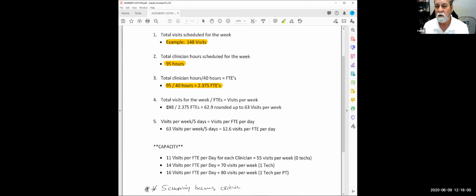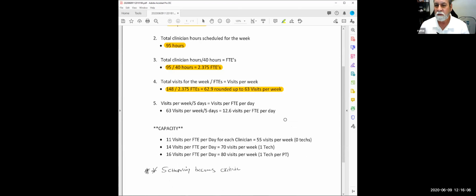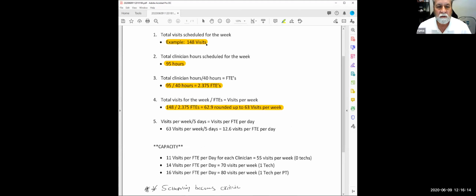So on number 4, your total visits on top, the 148, you divide by the FTEs that you just got by dividing 95 by 40. So 148 divided by 2.375 FTEs gives you 62.9 visits, rounded up to 63 visits per week.